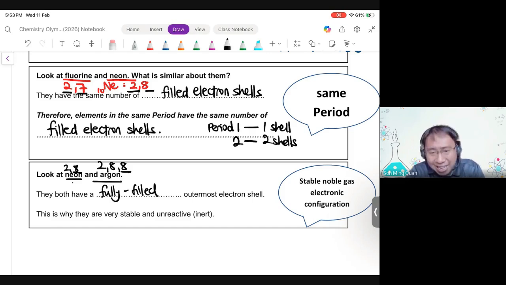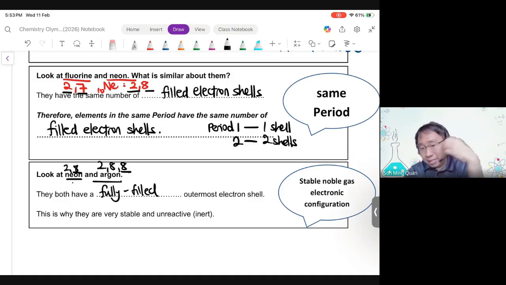Now, the key thing about neon and argon is that their outermost electron shells are fully filled. And therefore, that makes them very stable, very unreactive. So you have learned one more thing. If your outermost shell is fully filled, you become very stable, very unreactive. This automatically means anything that doesn't have a fully filled outermost electron shell is very reactive.